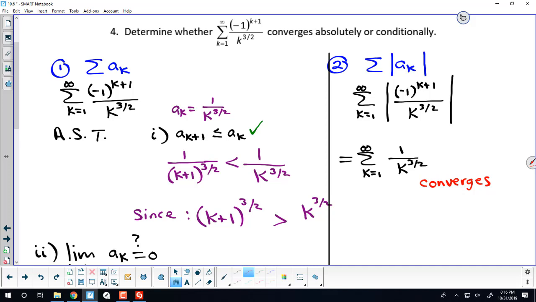Just a p-series, the spirit of it. It's a p-series, right? Converges, p-series, where the power is larger than 1. So the absolute value of the series converges, the series itself converges. What would we say about this series?